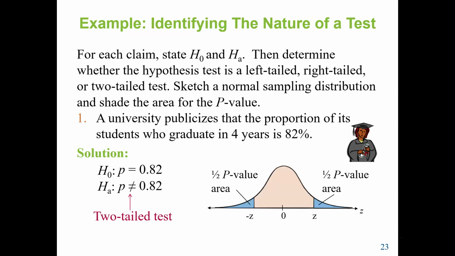So if we have to draw this, we get two tails, each with half the p-value area. The brown area will be fail to reject H0 because it's equal, from negative Z to positive Z.